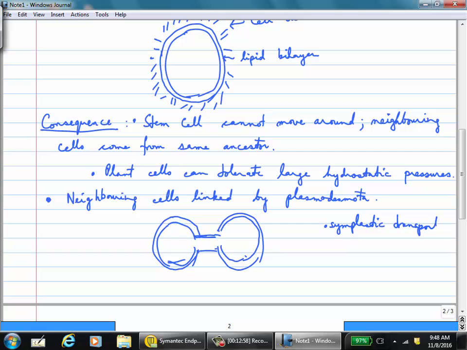This network of all these cells, the cytoplasm or cytosol of the cells connected together through plasmodesmata, is called the symplast. Molecules can flow through these plasmodesmata, and that is called symplastic transport. On the other hand, you could also have apoplastic transport.